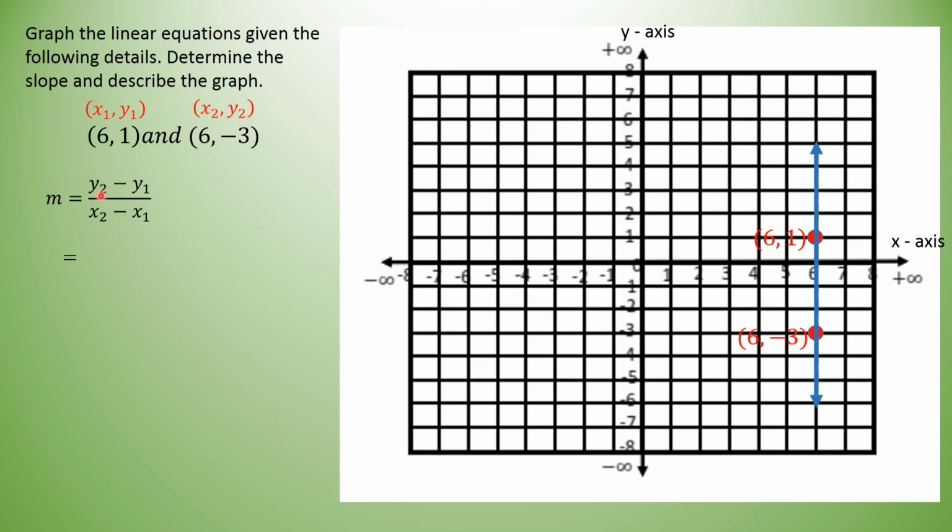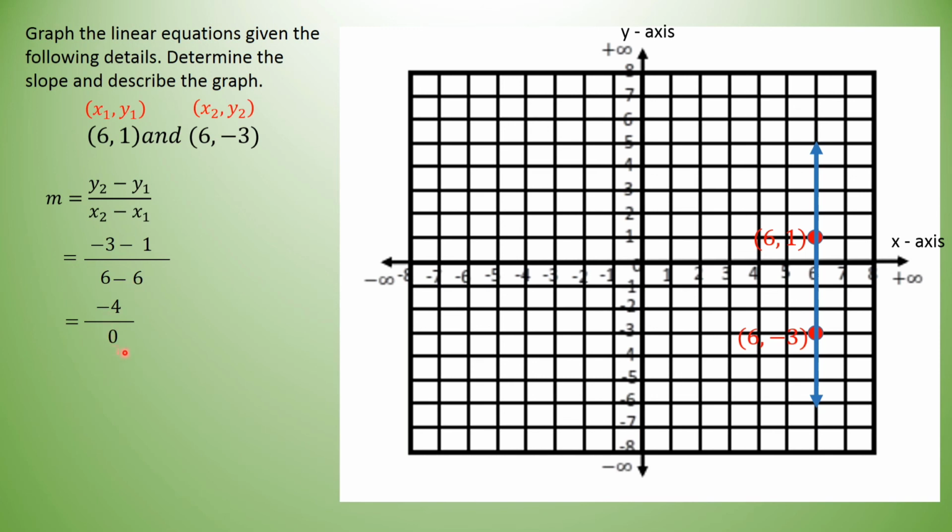Y sub 2 is equal to negative 3 minus the value of y sub 1 is positive 1 over the value of x sub 2 is 6 minus the value of x sub 1 is 6. Let us simplify. So that is equal to negative 3 minus 1. So we have here negative 4 over 6 minus 6 is equal to 0.